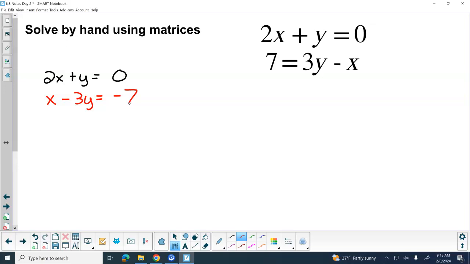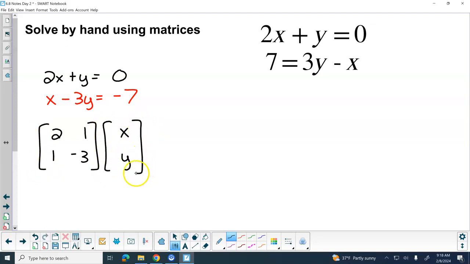We got to write it so that it's in x, y equals number form. Okay? So then, I'm going to have 2, 1, 1, negative 3. I'm going to have x and y. And I'm going to have 0 and negative 7. There.